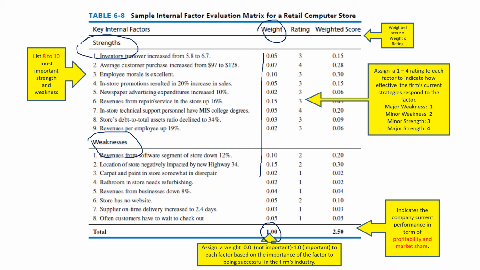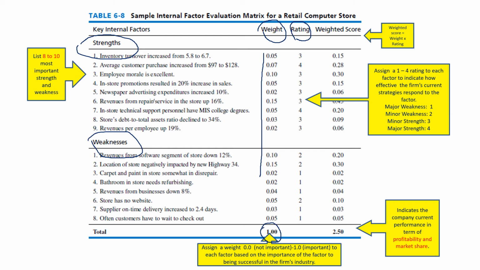The third step is on the rating. So you need to assign a 1 to 4 rating to each factor to indicate how effectively the firm's current strategies respond to the factor.